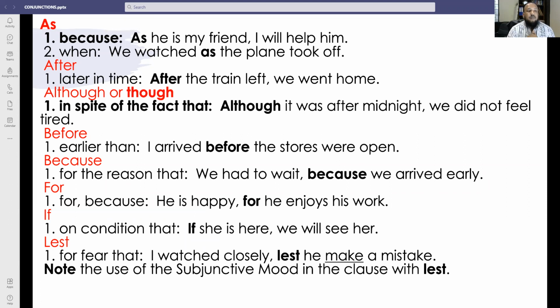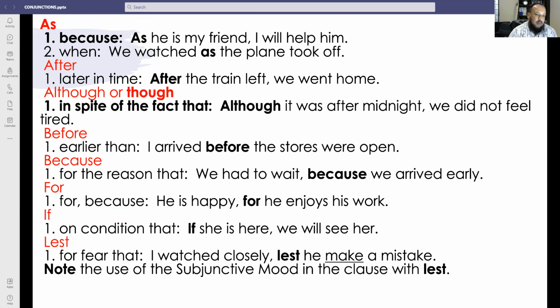Second, after, later in time. After the train left, we went home. Although, in spite of the fact that. Although it was after midnight, we did not feel tired. Before is one of the most important also, against after, which gives the meaning opposite to that.